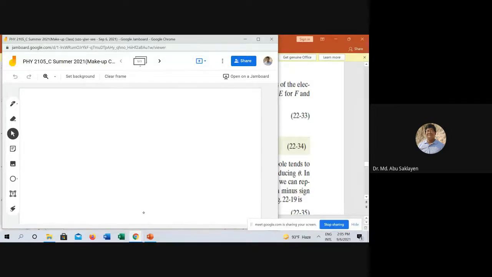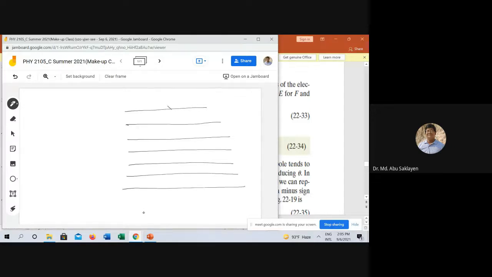So this is the electric field. Electric field lines are like this. This is the direction of the electric field, and you place a dipole. This is the center of mass of the dipole, and it makes an angle theta with the electric field.